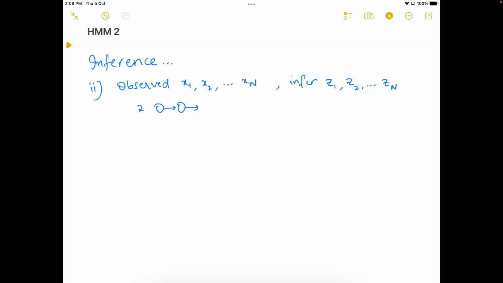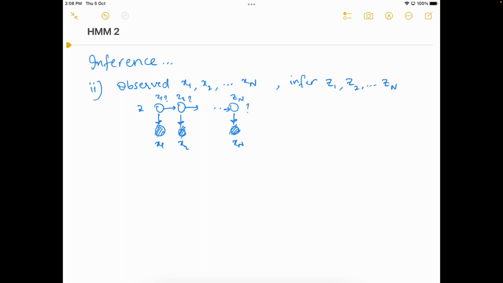These are my z's, z1, z2, etc. up to zn, and these are my x's. If I tell you this, and I ask you what is this, what is this, that's the inference problem, right?